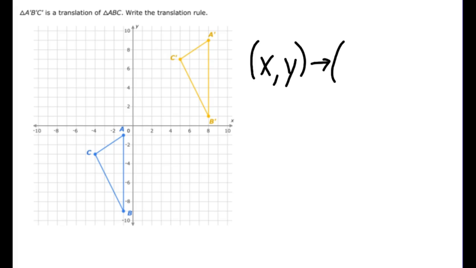So if we're looking at A, we need to go 1, 2, 3, 4, 5, 6, 7, 8, 9 units to the right. So this is x plus 9. And then we need to go 1, 2, 3, 4, 5, 6, 7, 8, 9, 10 units up. So it would be y plus 10. So that's our rule for this translation.